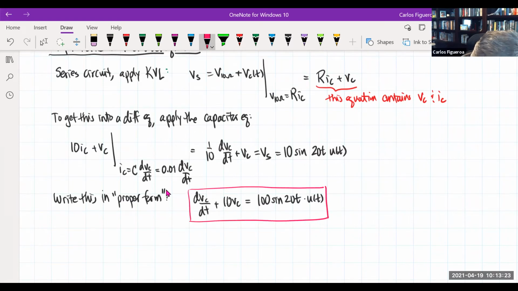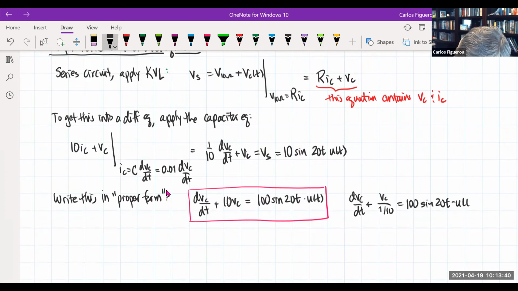I typically don't care about this, but to be technical, we should write this as dVC/dt of t plus VC times 1 over 10 equals 100 sine of 20t u of t. So now I can see right away that my tau value, nope, we're not interested in tau, we're interested in 1 over tau, which is going to be 10.